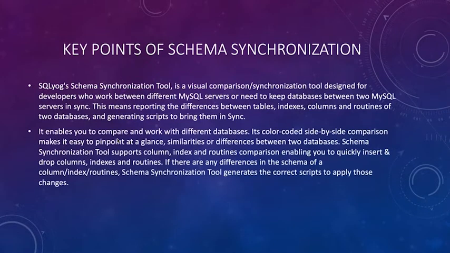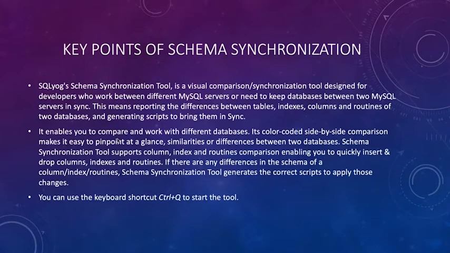It helps you do a side-by-side comparison. It supports column, index, and routine comparison, enabling you to quickly insert and drop columns, indexes, and routines. If there are any differences in the schema of a column or index or a routine, the schema sync tool generates the correct script and applies those changes.